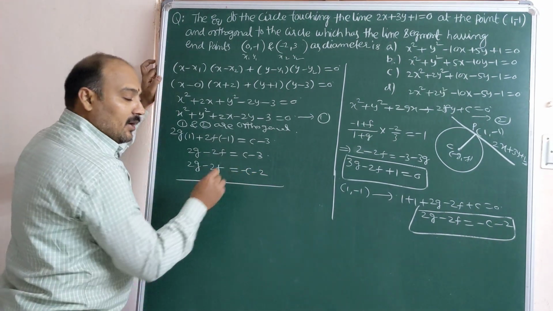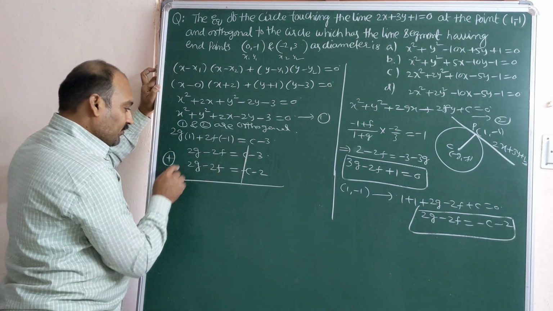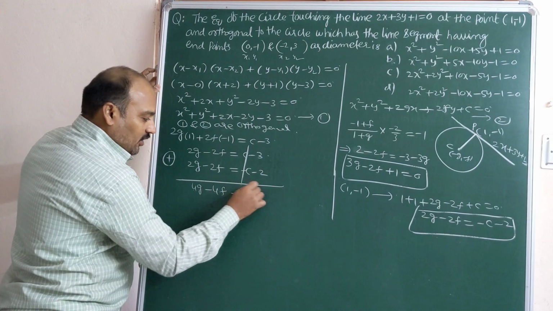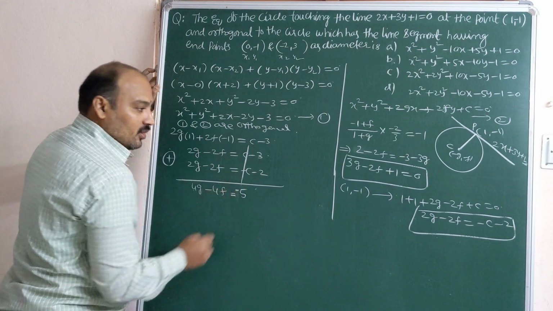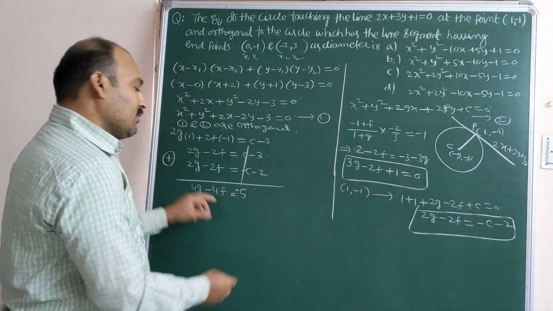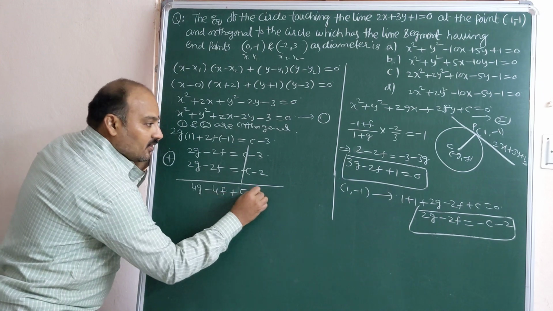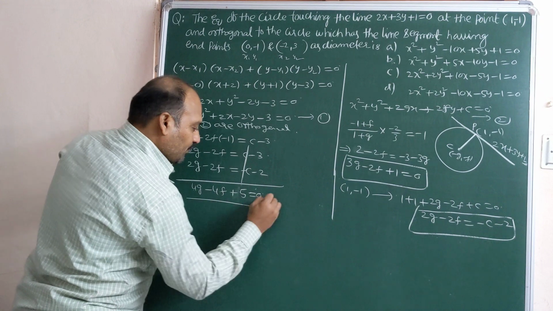So now I am adding both the equations. These two will be cancelled. 2g plus 2g, 4g minus 4f minus 5 is equal to minus 5. So solving this equation and this equation, minus 5 we can take this side, plus 5 will come here. So this equation multiplying by 2 and solve these two.